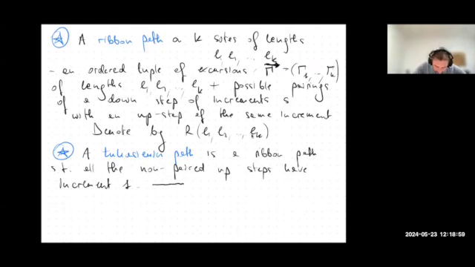These will be denoted by L of L1, L2, up to Lk. So this is a subset of ribbon paths.